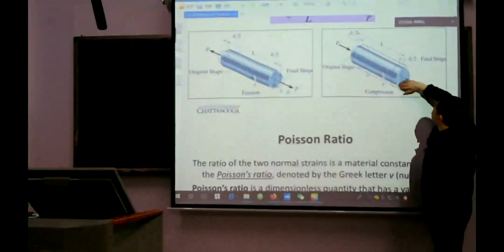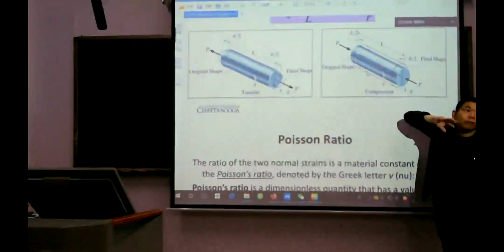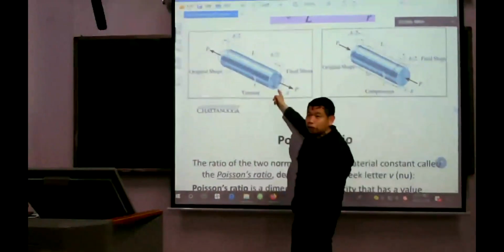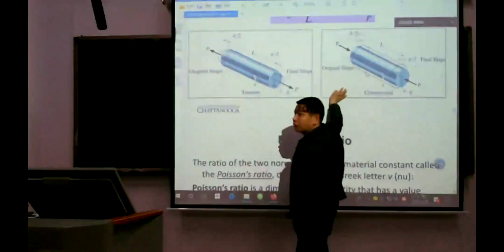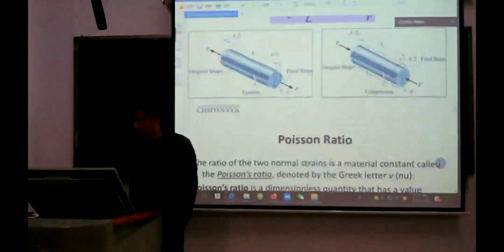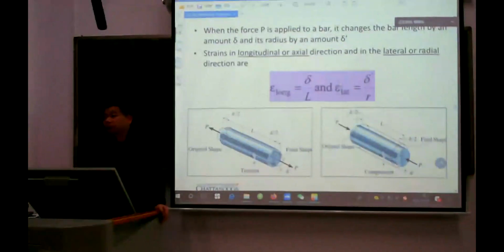But in this direction, this strain is positive. In this case, it is opposite. But the ratio must be negative for the two cases, because one is positive, the other one must be negative.